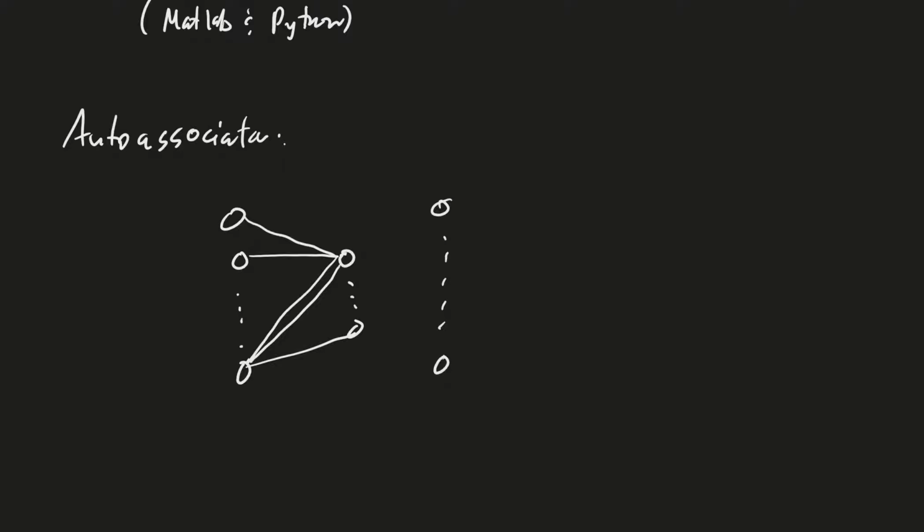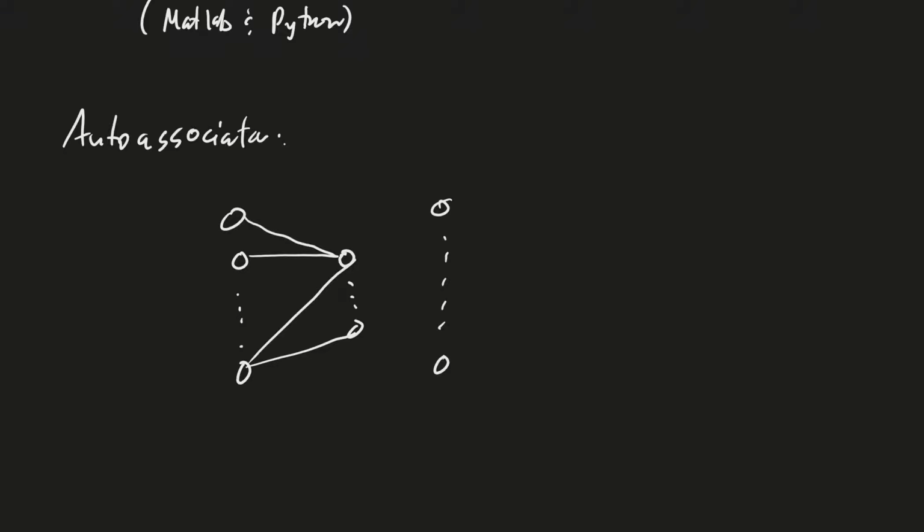So the idea behind an autoassociator is you have an input layer, and then you have a middle layer, and then you have an output layer, kind of just like a normal neural net. This would typically be fully connected; I'm drawing the basic case here. You could modify or customize it.